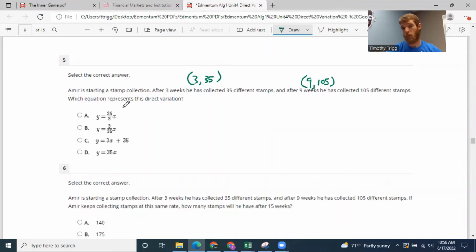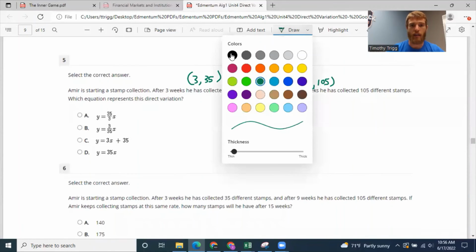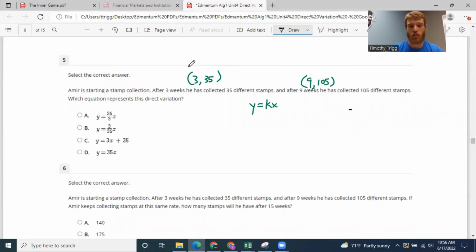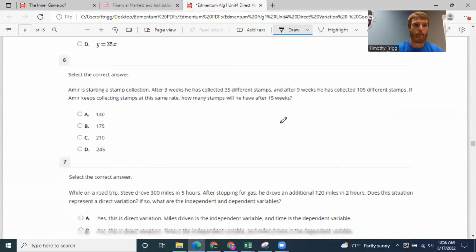So it's very similar to the ones we just did, but you're going to write it y equals kx. You could use either coordinate point to help you find the value of k. I could just use this first coordinate point, replacing the y with 35 and the x with 3, and go ahead and solve for k and plug it into here to find the correct equation.